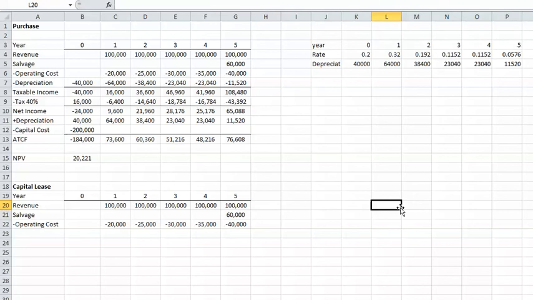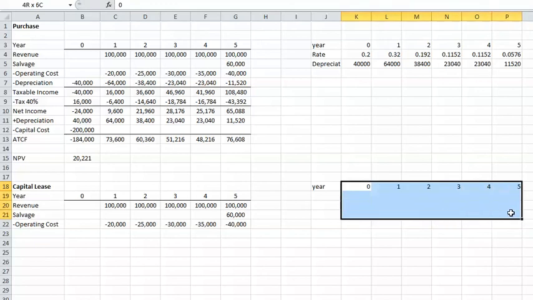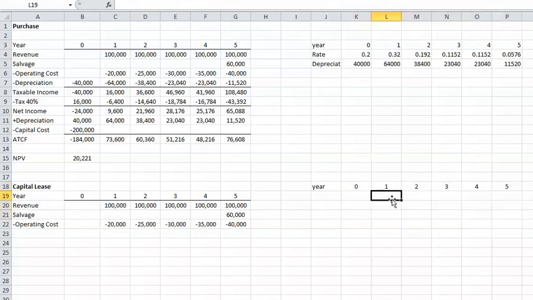Now I have to calculate the interest and principal portion of these lease payments. First, I have to calculate the present value of all these 5 capital lease payments of $60,000. So year 1, year 2, 3, 4, and 5. Each year we are going to pay $60,000.